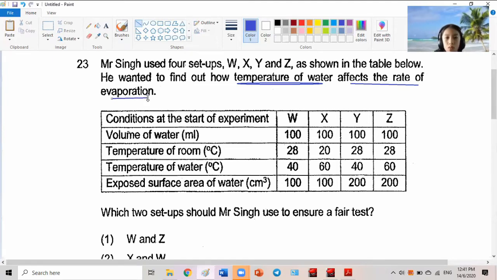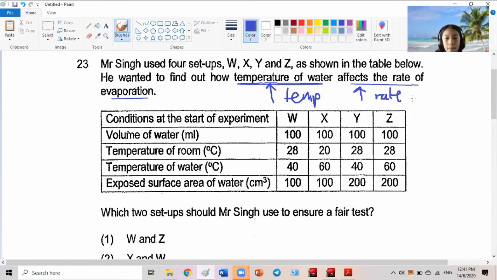What do you think, people? The higher the temperature, the higher the rate of evaporation or lower? Use your brain. Don't even have to see the experiment. The higher the temperature, the higher the rate of evaporation.